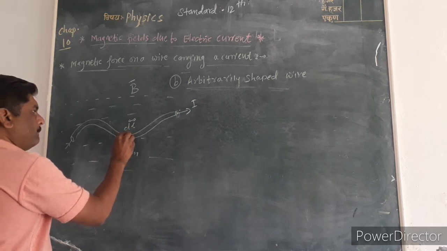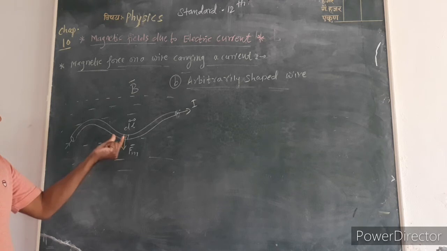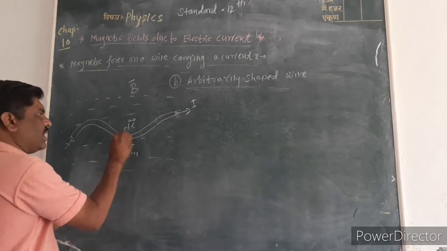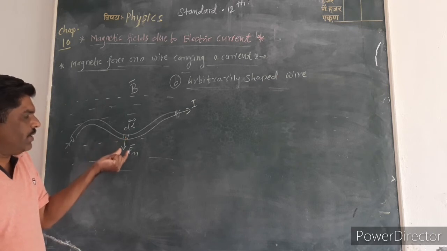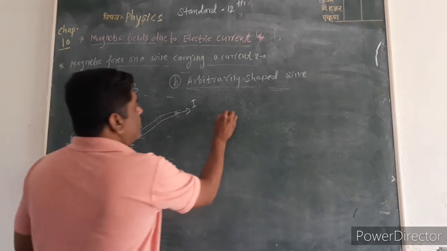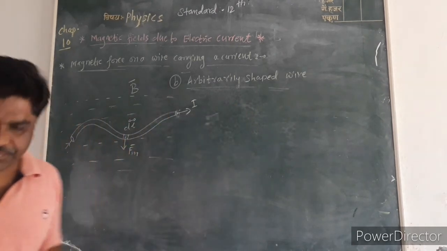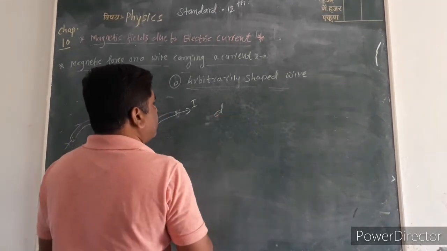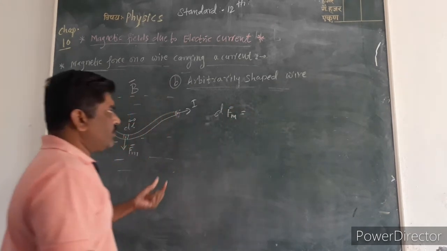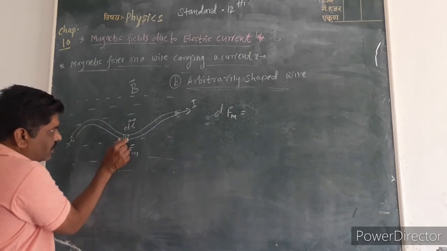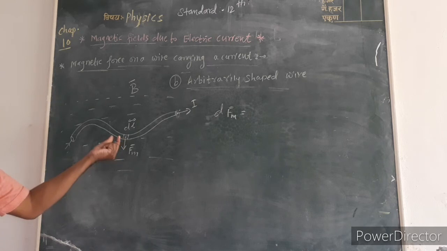At a point with very small length dl bar, the force acting on this wire is the small force dFm bar, which is the very small force acting on this particular small length dl bar.